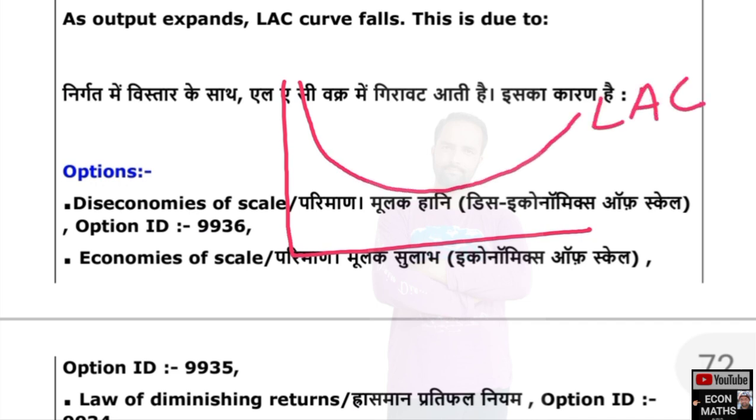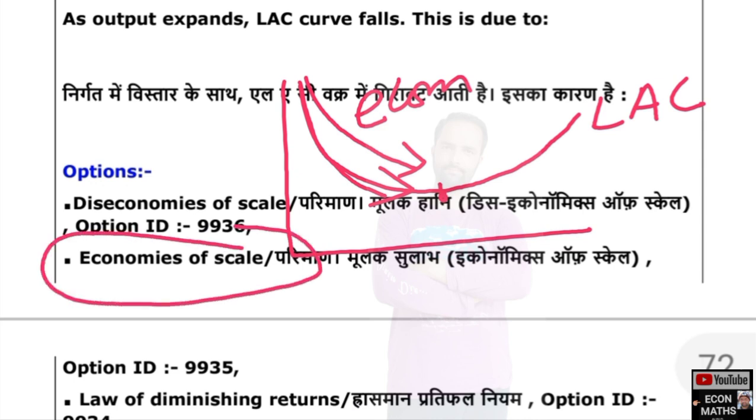This portion shows us what we call economies of scale. So the following portion of long run average cost is given by economies of scale. By economies of scale we mean when more units of a good can be produced on a larger scale with fewer input costs. That is what we call economies of scale.